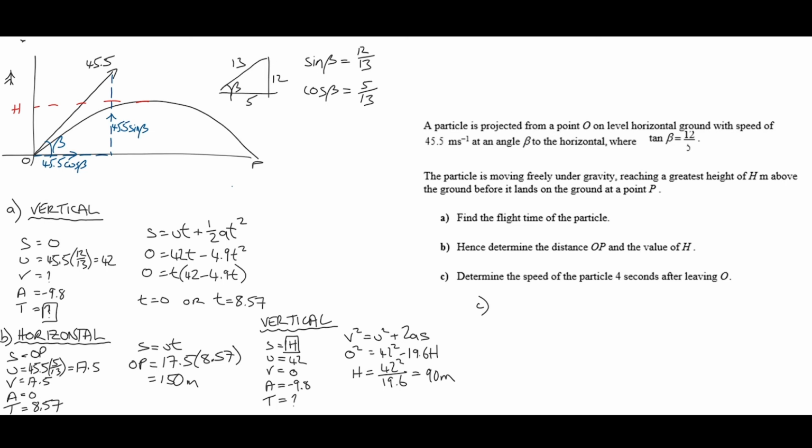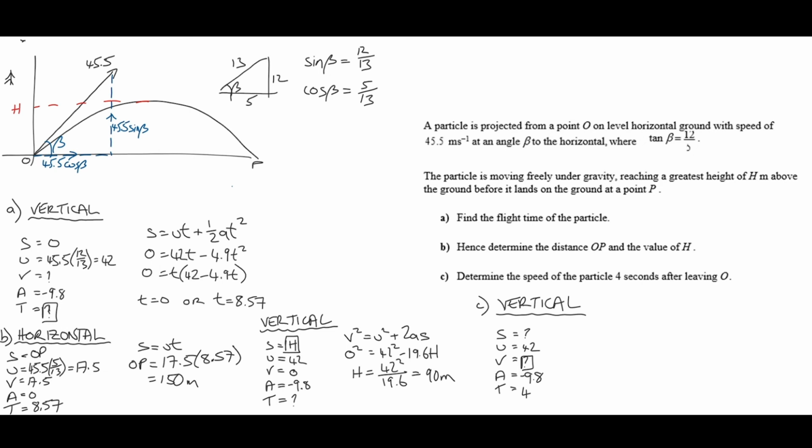But we still need to find that vertical component. So let's collect all of our vertical variables. The displacement is unknown. The initial velocity is 42, as we used earlier. We don't know this final velocity, is what we're actually looking for in the question. Acceleration due to gravity, and we're setting the time equal to 4.